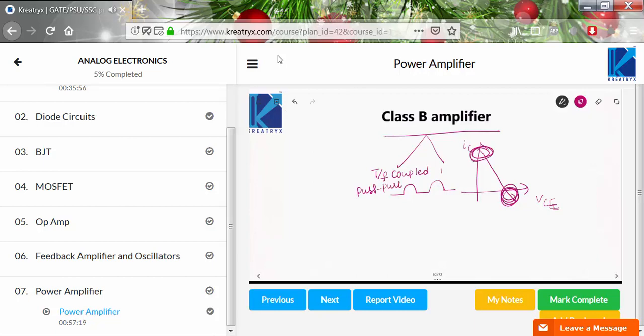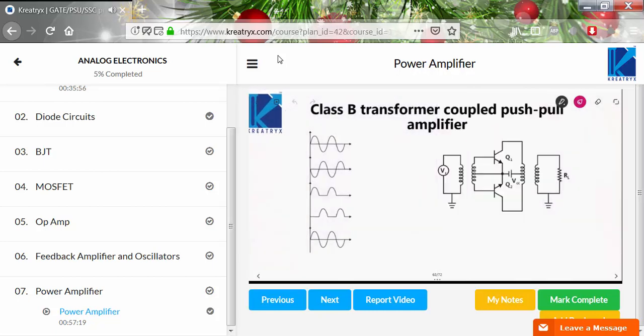Another one is transformerless push-pull amplifier. Now we go for the first classification, class B transformer coupled push-pull amplifier. A push-pull amplifier means we use two transistors in a coupled manner, and these two transistors Q1 and Q2 perform the push-pull operation. I will show how. It is named transformer coupled because the amplifier output is connected to the load through the transformer.